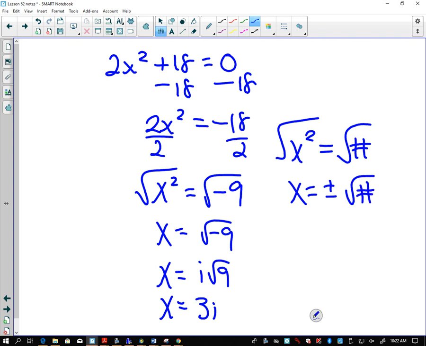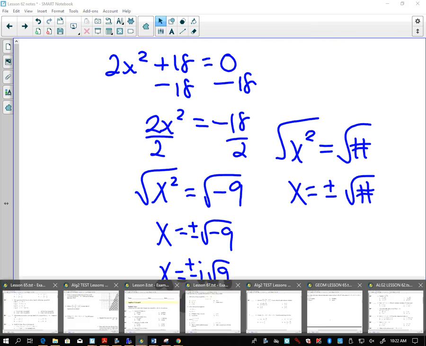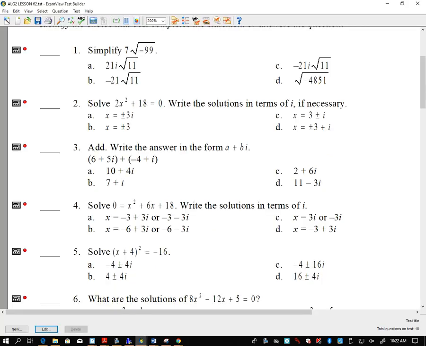So what we should have had is x equals positive or negative the square root of negative 9, which is positive or negative i radical 9, or positive or negative 3i. Hopefully, if I've got that right, we'll come back here. Positive or negative 3i. What is the answer on 2? Can you guys scroll down to that? Is it A? That's what I got.